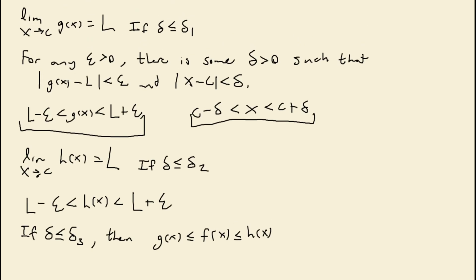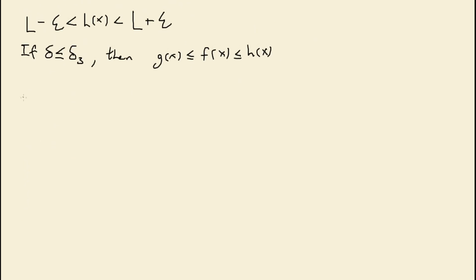Taking all of this information together, what we know, if we say that delta is less than or equal to the minimum of these three delta values, delta 1, delta 2, and delta 3, then what we know is that L minus epsilon is going to be less than g of x.